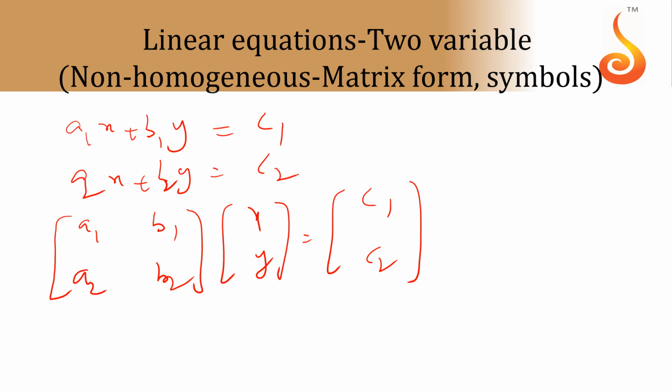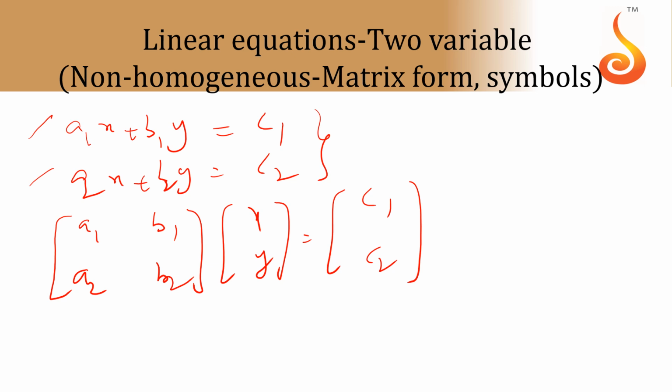This is called the matrix form for the given linear equations. When you want to say that it's non-homogeneous, at least one of c1, c2 should not be equal to 0. Geometrically, at least one of the lines should not pass through the origin.